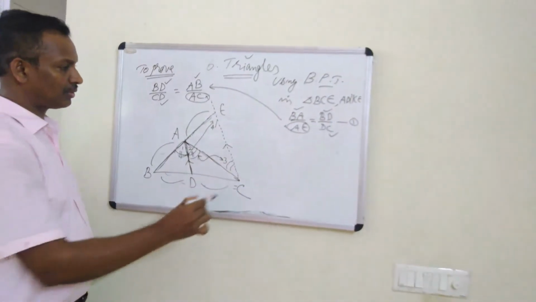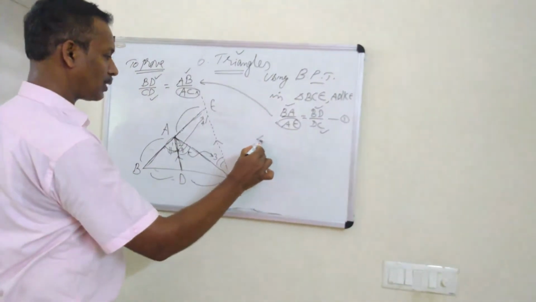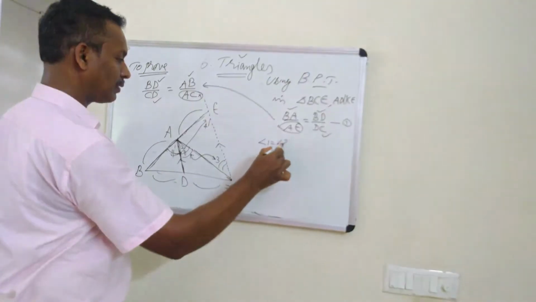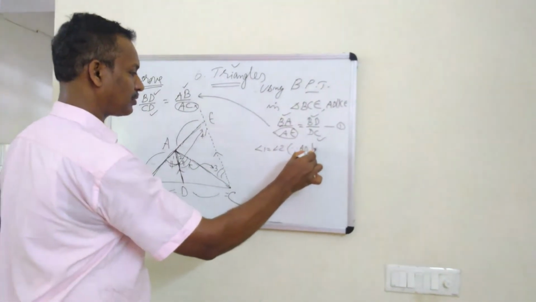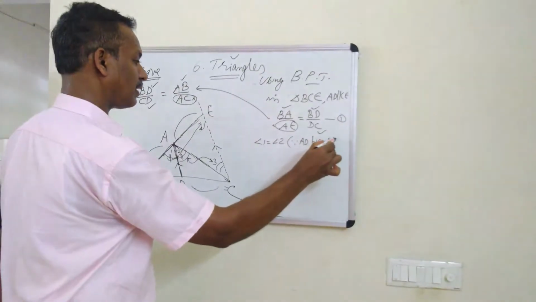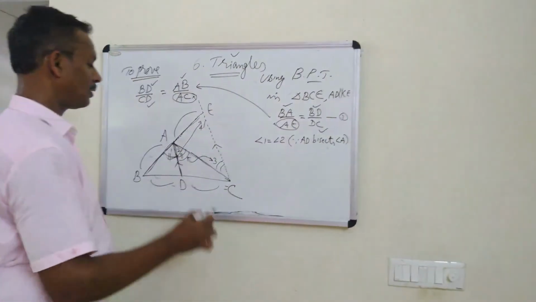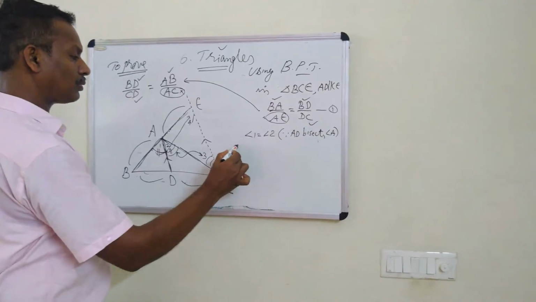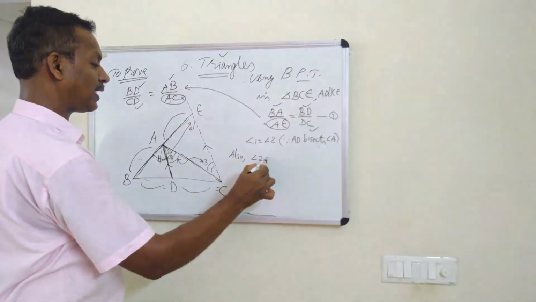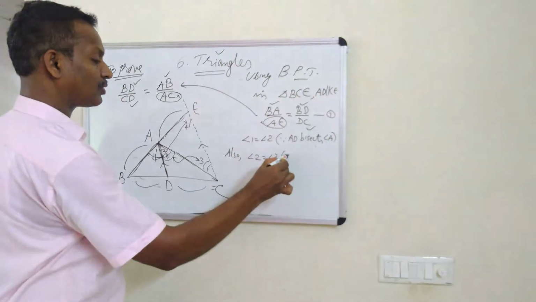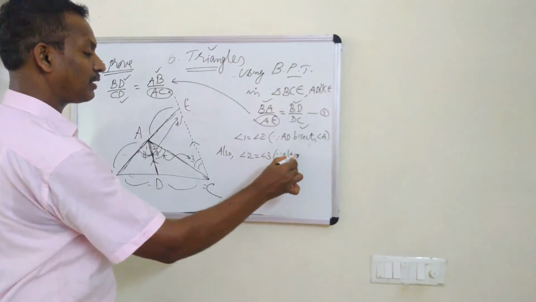So angle 1 is equal to angle 2 because AD bisects angle A. Angle 2 is equal to angle 3 because of alternate interior angles, since AD is parallel to EC.